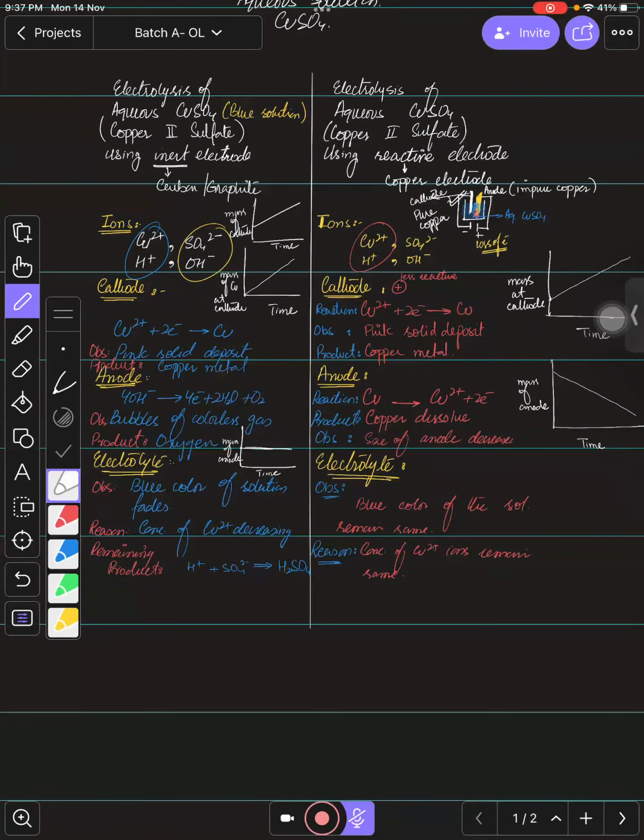But the mass of copper starts from zero, since there is no copper initially; once you start electrolysis, the mass starts from zero. That is why mass of copper versus time starts from zero. And the mass at the anode is not affected, because the electrode is not consumed, and no metal is being deposited there either, right?